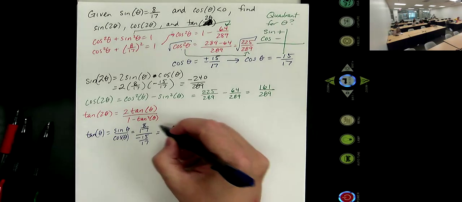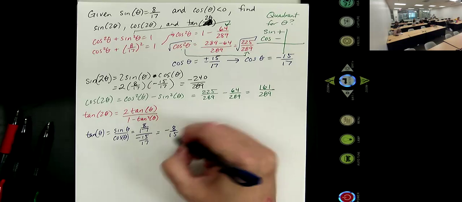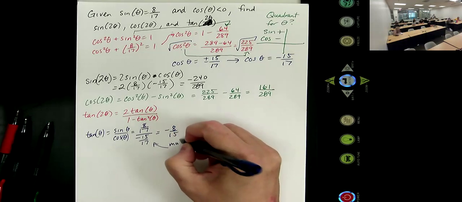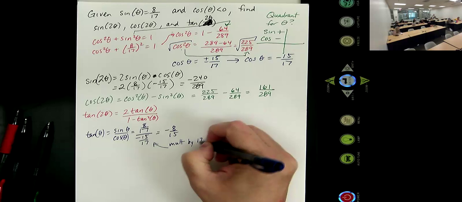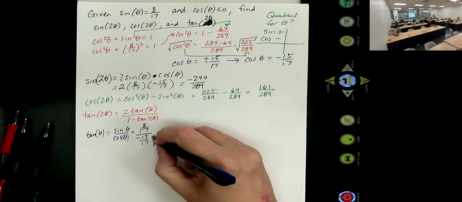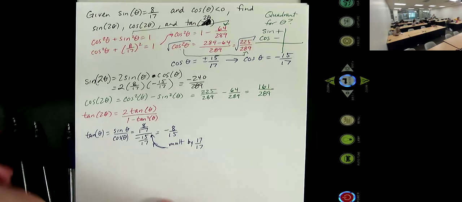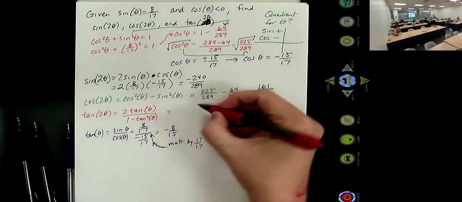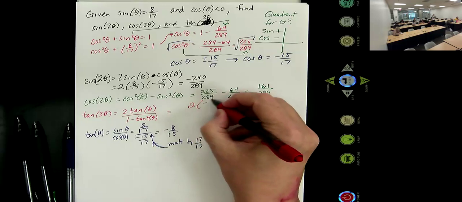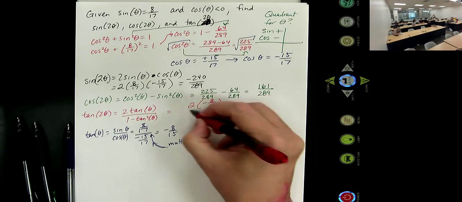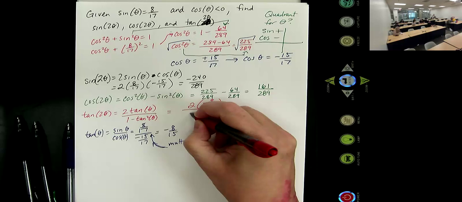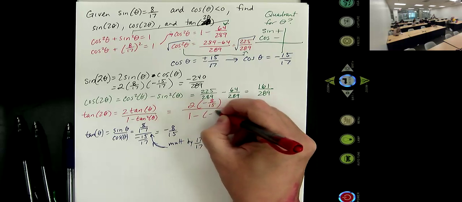I got that just by multiplying by 17/17. That gets rid of the complex fraction part. And we'll put that in up here: 2 times negative 8/15 over 1 minus negative 8/15 squared.